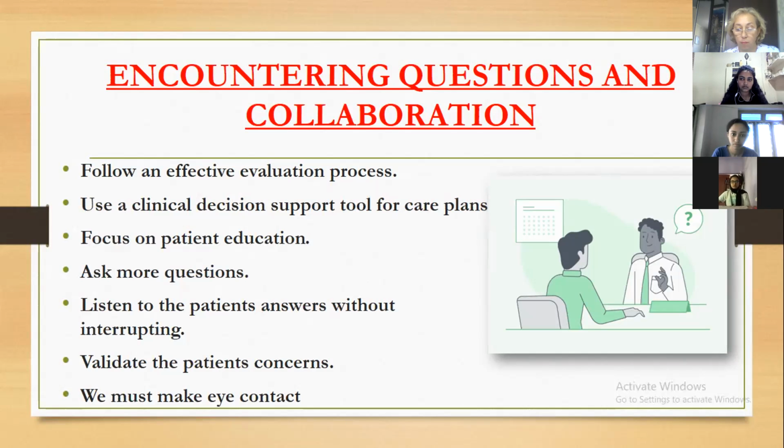The second one, we must use a clinical decision support tool for patients' care plans. One big mistake most organizations make when creating care plans is to develop them as a series of tasks or activities that are timed and scheduled to populate the work list.